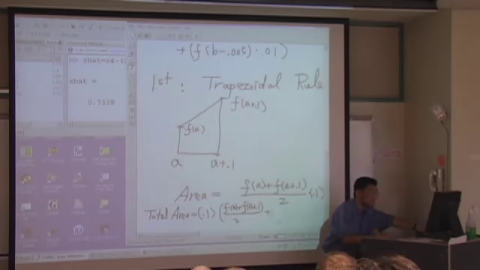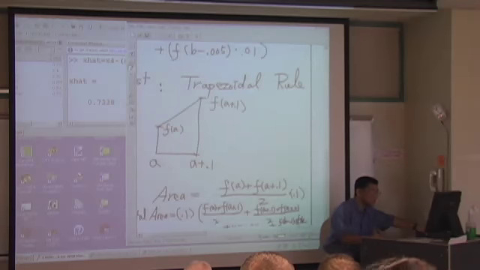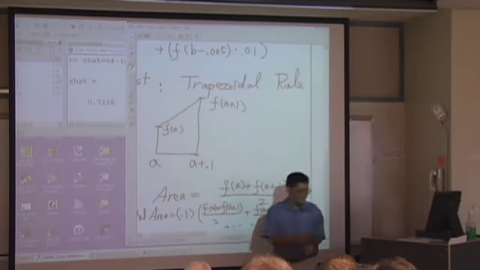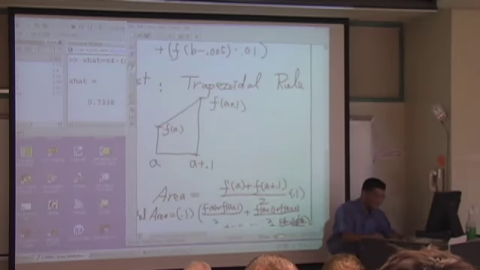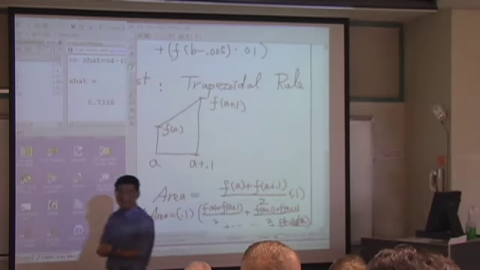And the next piece is F of A plus 0.1 plus F of A plus 0.2, right? And then all the way through. Unfortunately, we cannot extend it anymore, so I will just write the result. F of B minus 0.1 plus F of B, over 2, done, right? So this is the result of the area.